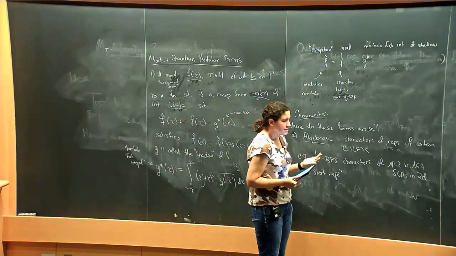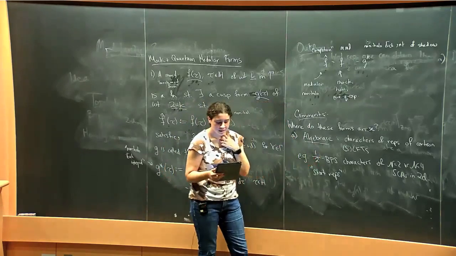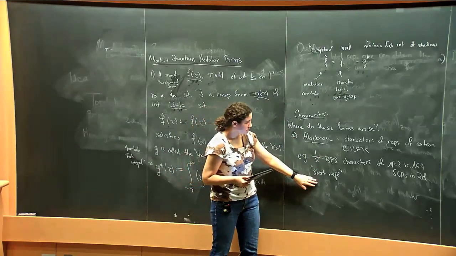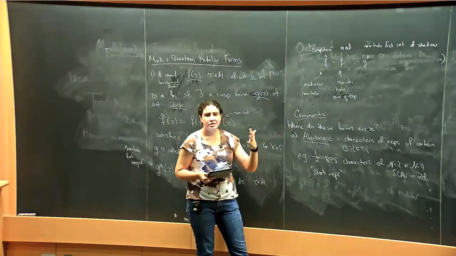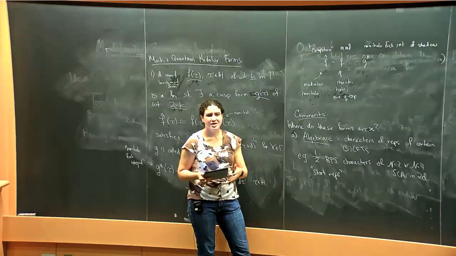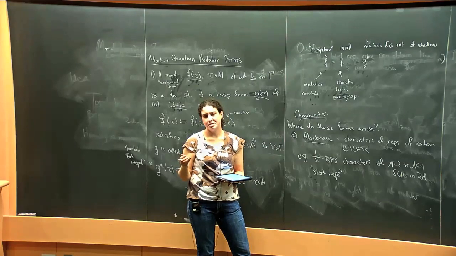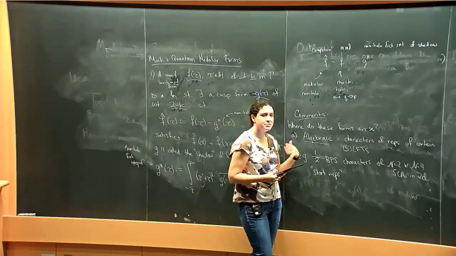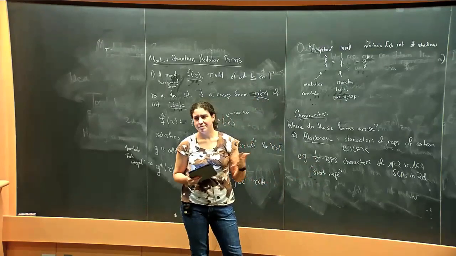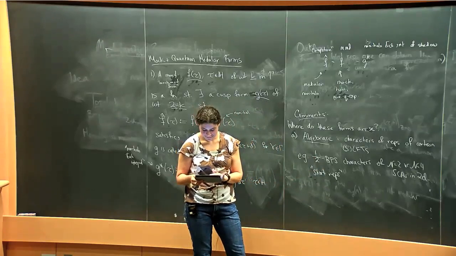That means there are additional null states in these short representations. When you compute the character, you're basically subtracting off some of these null states, which, when they were there, would make the character modular. But now you're getting rid of some extra states, and you're losing the modularity.